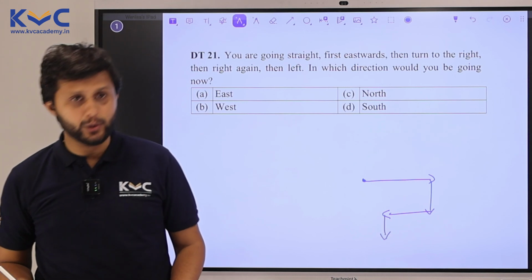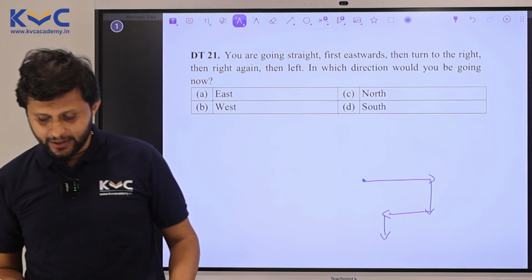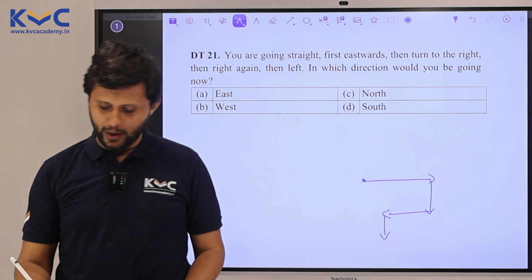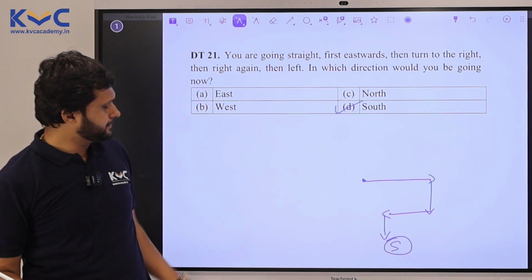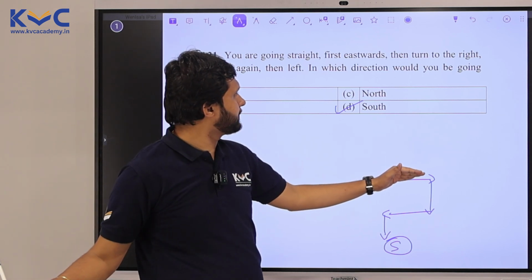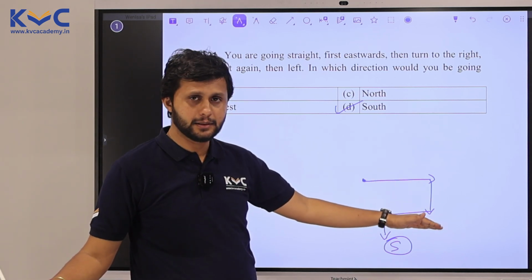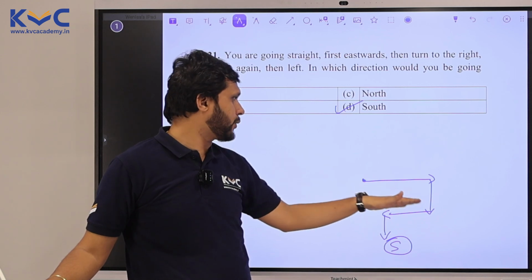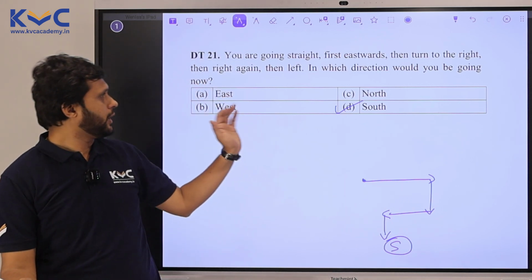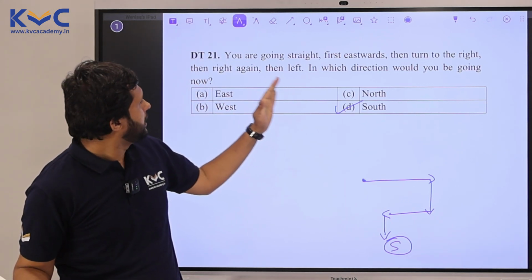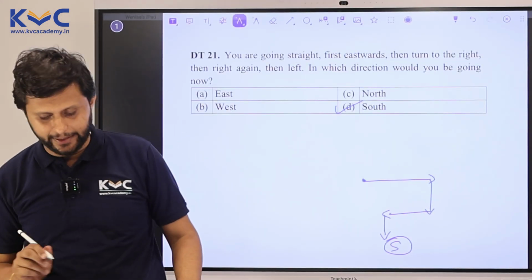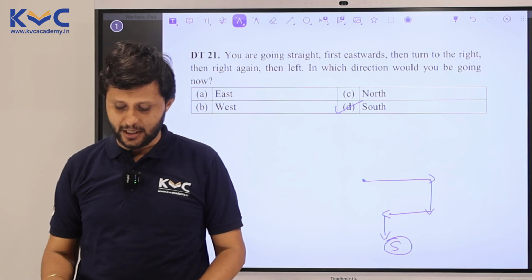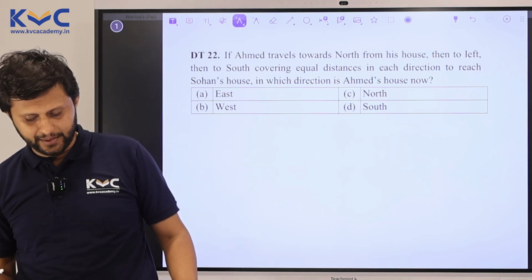And that would be going towards your south side. In which direction would you be going now? And that's south. Perfect. You're going to the east. You took right. You took right. So it is like you're going back to the west and then you just took a left. You took a left and you're facing south side now. That's the right answer to question number 21.